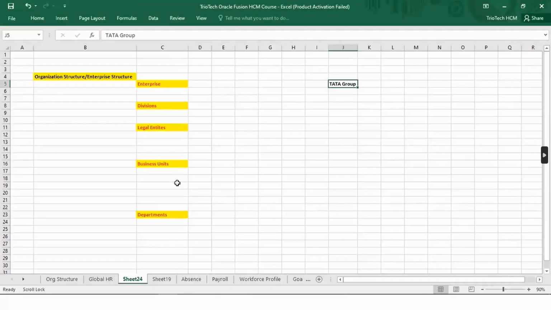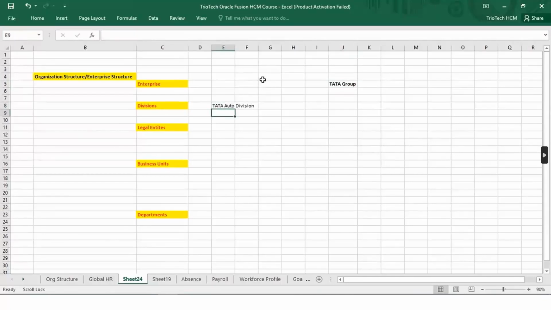So you can categorize or identify the client's divisions based upon the industry specific, something like Tata Auto Division, automobile division, let's say.